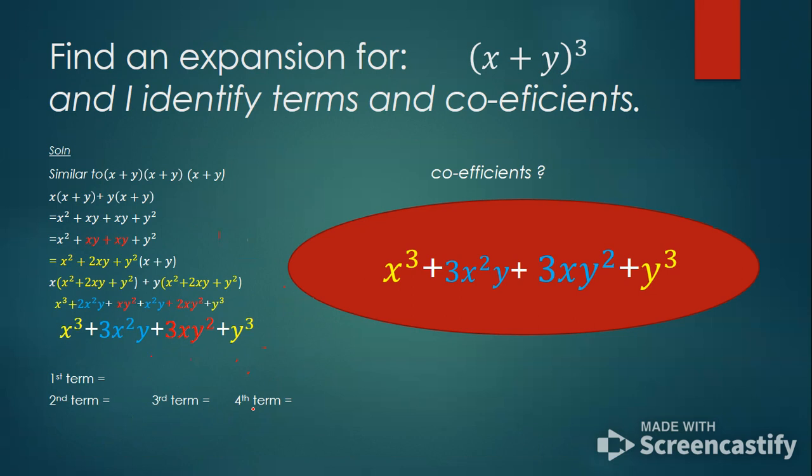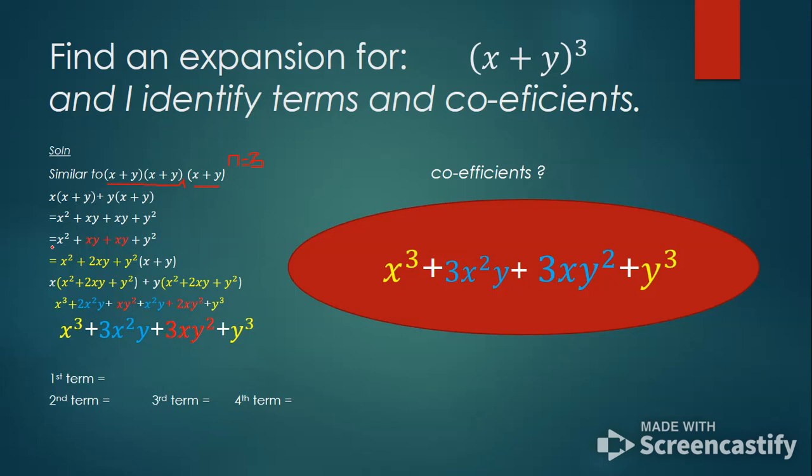Now we have another expansion: x plus y to the power of 3. We want to identify the terms and the coefficients after we expand. Remember, x plus y to power 3 is the same as finding x plus y squared, as we did in the previous example, and then multiplying by x plus y. So n here is equal to 3.